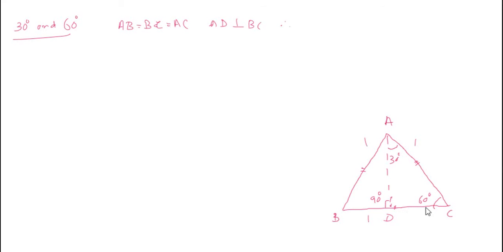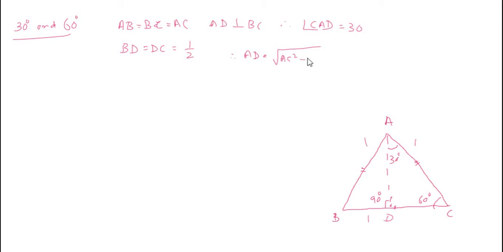So angle CAD equal to 30 degree and BD equal to DC equal to 1 by 2 unit. If it is in centimeters, it's half centimeters. Now we need to calculate AD. Therefore AD equal to square root of AC square minus DC square.